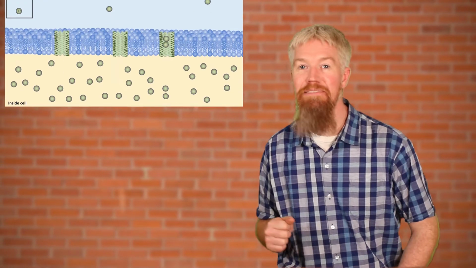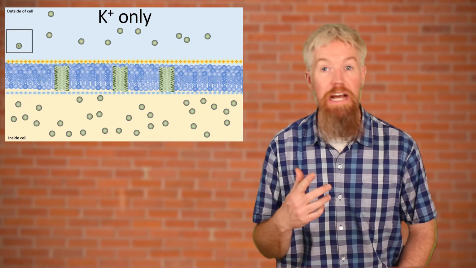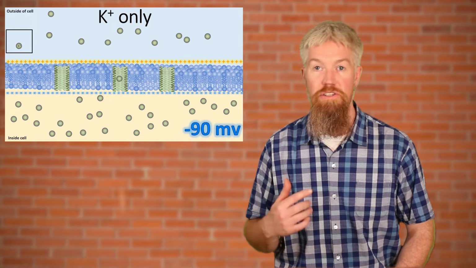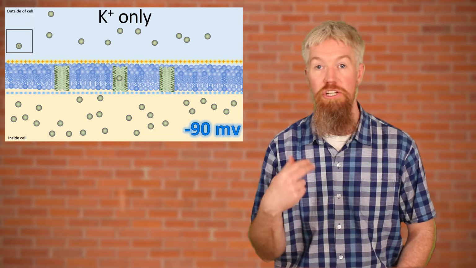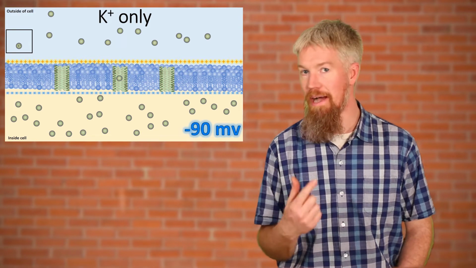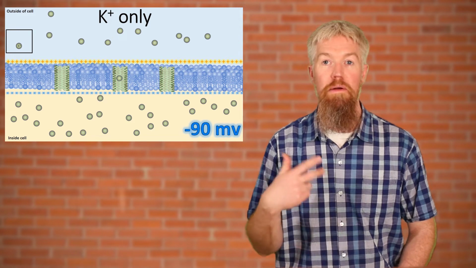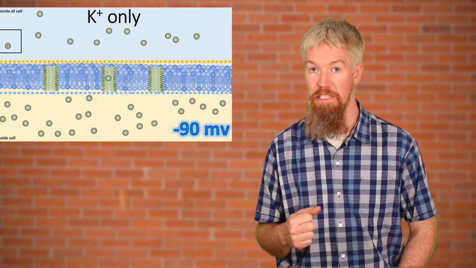Now we can see this in potassium, where we see a high concentration of potassium inside the cell and a low concentration outside the cell. As those ions move across the membrane, they bring a charge with them. As that charge builds up to about minus 90 millivolts, you reach a state where net movement across the membrane stops.